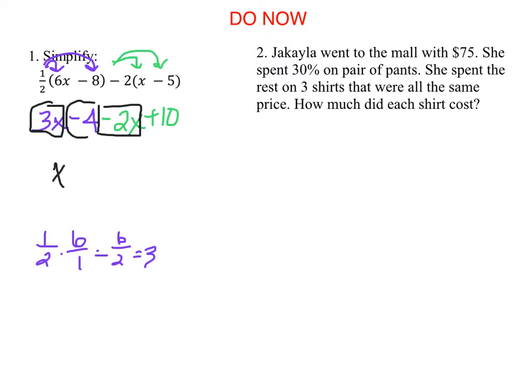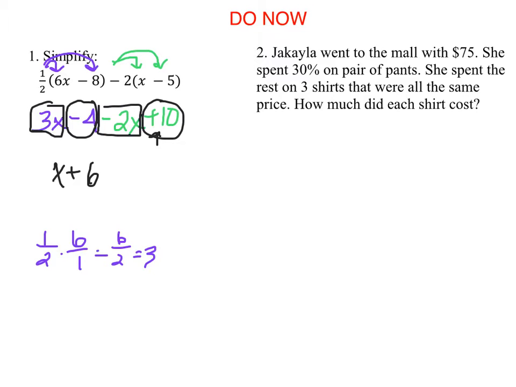I have a -4 and a positive 10. Since they're different signs, I'm going to subtract. 10 minus 4 is 6. And since I have more positives, our simplified expression is x plus 6. Be sure you check and correct and fix any mistakes for each problem.